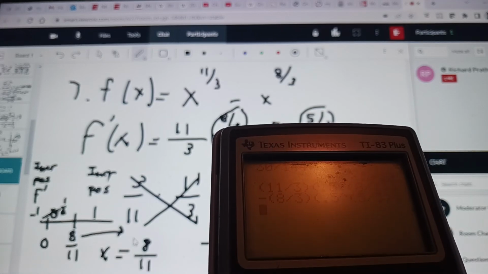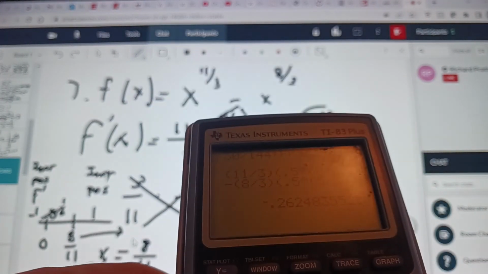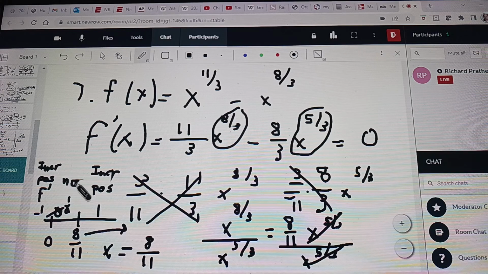And really all I care about is: is it positive or negative? It is negative. So yes, it increases first and then it decreases. So that's going to be a relative maximum first. And then after it decreases for a while, it's going to increase and have a relative minimum.